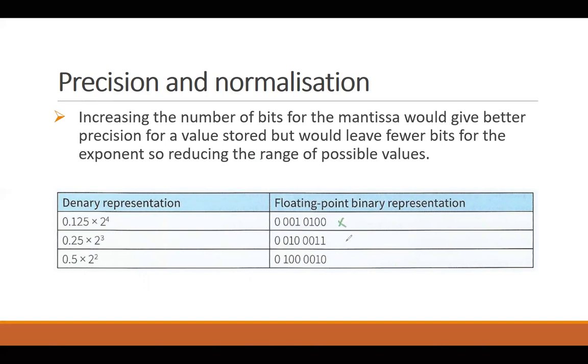I'm just telling you that it is not a normalized value because it does not have alternating bits in the start. It has identical bits, the same bits in the start. Same goes for this value. It is also not normalized. But this representation of 2 is actually normalized because it is starting from 0 and 1.